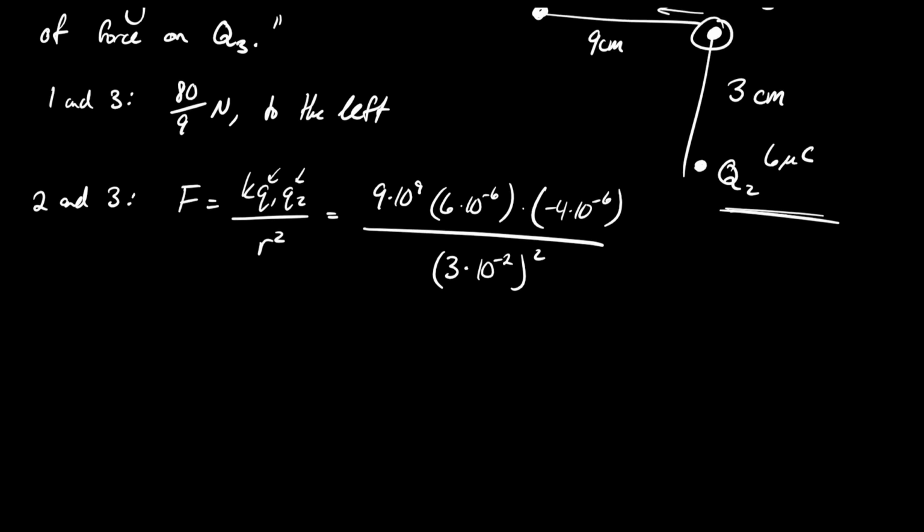And at this point, I will punch this into my calculator. 9E9 times 6E negative 6 times negative 4E negative 6 divided by, remember to close your parentheses if you're doing division by scientific notation, and the result is negative 240.